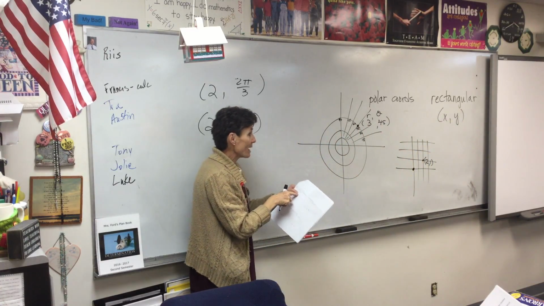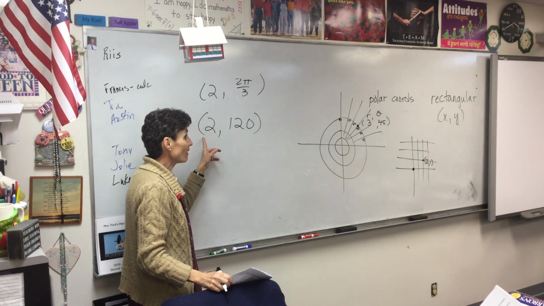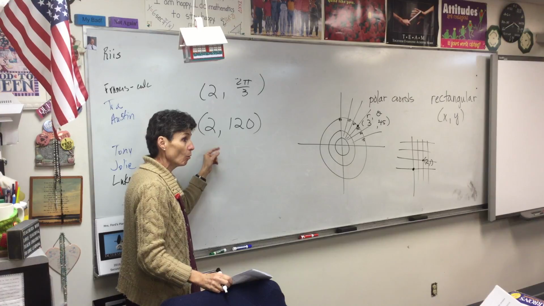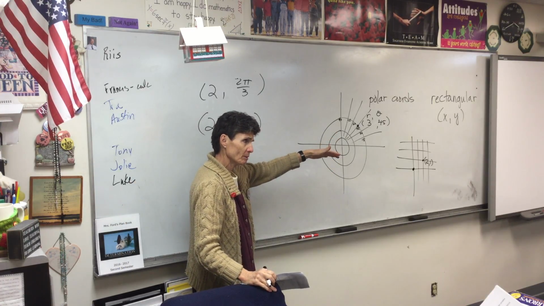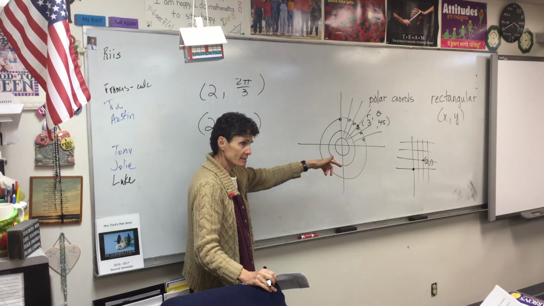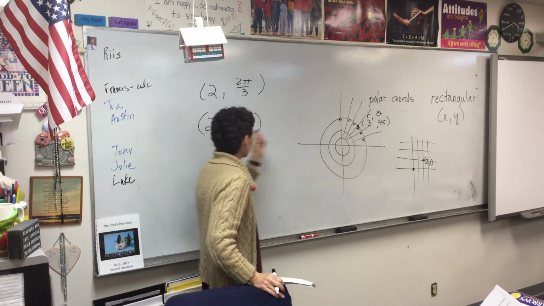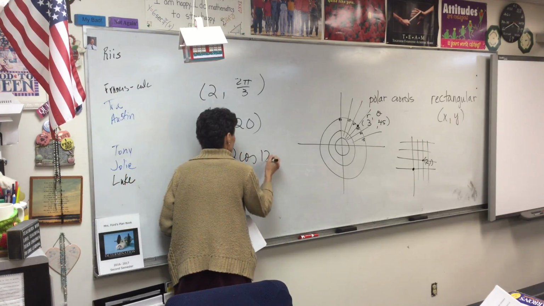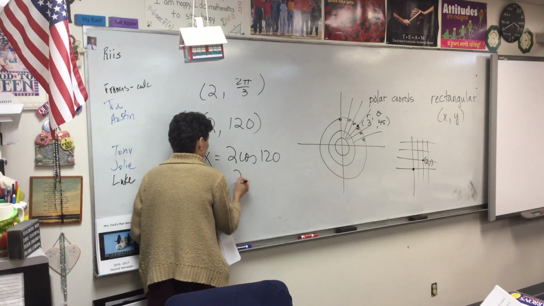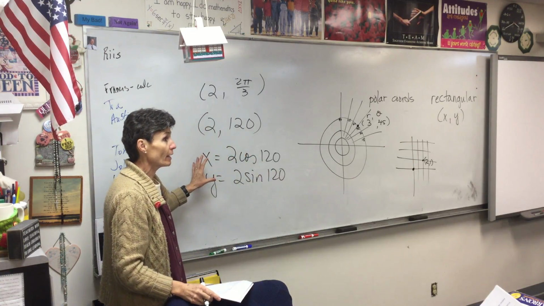So what is problem A asking me to find? They're asking me to find x and y. Well, wait a minute. Did I just do that in that airplane problem? Did I find x and y? How did I do that? X equaled something cosine angle. Guess what? X equals 2 cosine 120 and y equals 2 sine 120. That is all there is to it.